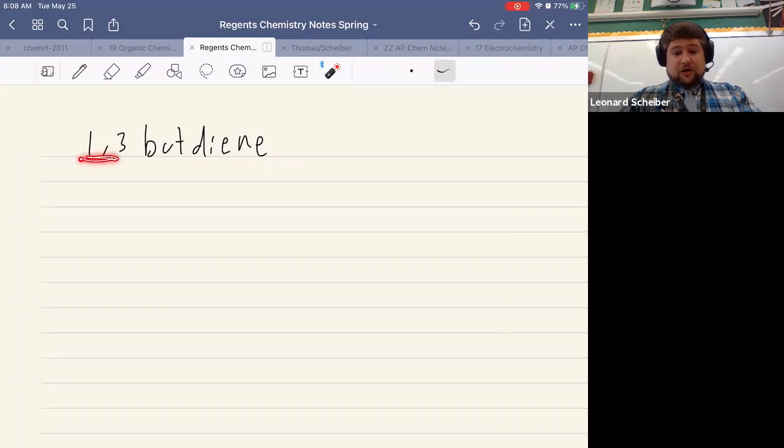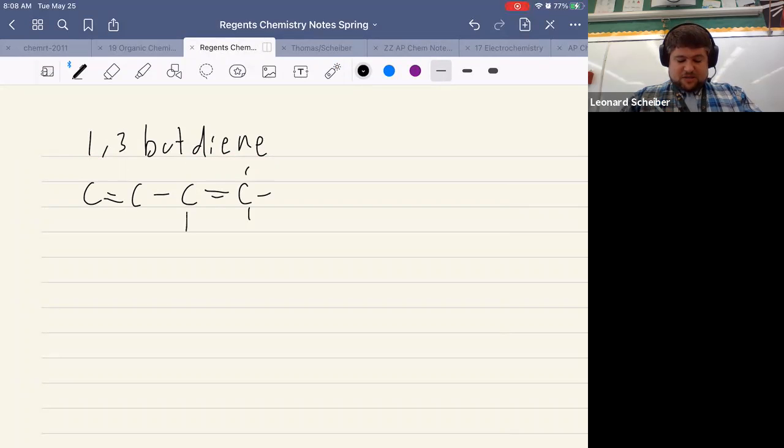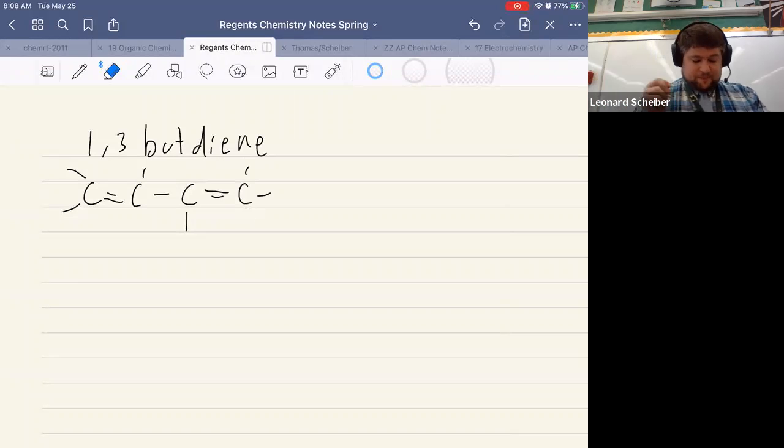One is on the first carbon, one is on the third carbon. The first thing I'm going to do, if it is but, that's 4. 1, 2, 3, 4. One double bond starts on the first carbon. One double bond starts on the third carbon. Then I have to join my hydrogens. Oops, too many hydrogens. So there you go.